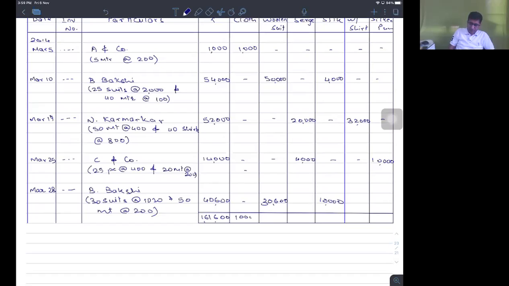1,000 is the total of cloth column, 80,600 is the total of woolen suits column, 24,000 is the total of serge column, 14,000 is the total of woolen shirts column, 32,000 is the total of silk column, and Punjabi suit column is having a total of 10,000. Is it right? We can cross verify whether this is matching with that 1,61,600.